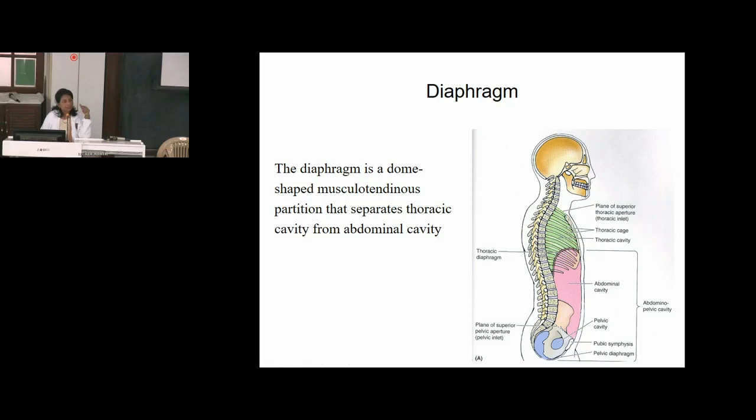It's a complete dome. Towards the central side we have the central tendon of the diaphragm. Towards the lateral side it is attached to the lateral body wall, right? Anteriorly it is attached to the sternum, while posteriorly it is attached to the vertebrae, the transverse processes of the vertebrae, right? So that is the complete partition between these two large cavities.